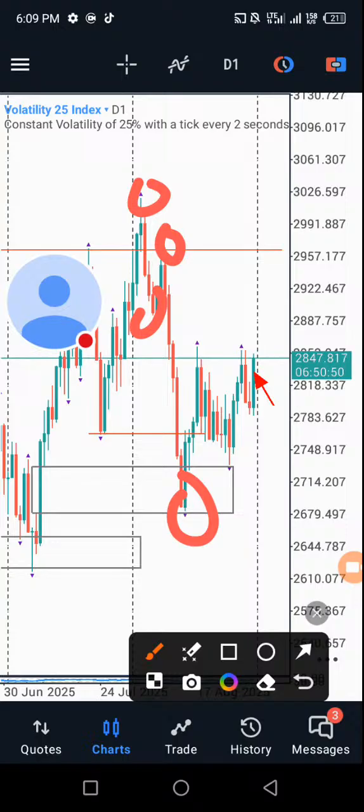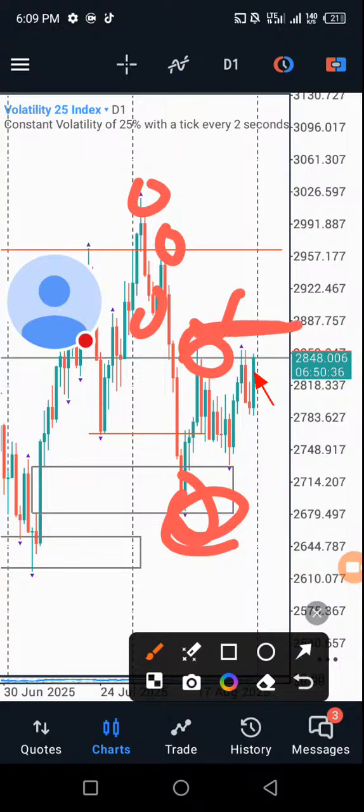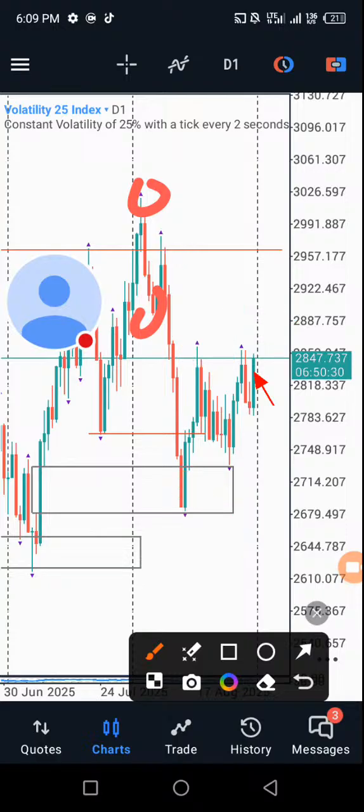Now this high that was created here, we are not going to consider it, because if this high here had taken this low here, then we would have considered here for a proper change of character or a break of structure, right? So what we are going to be considering now is this particular high here, because this particular high actually gave us a break of structure down. All right, and also we can see this break of structure here. So we are going to be considering this high for our change of character.